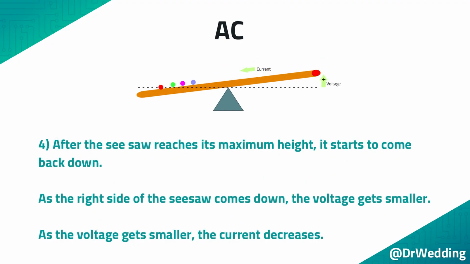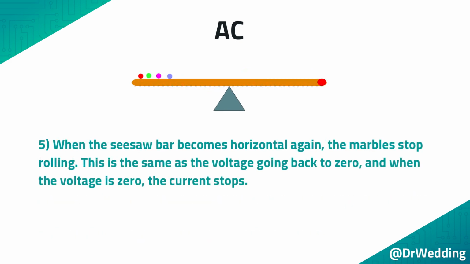Step 4. After the seesaw reaches its maximum height, it starts to come back down. As the right side of the seesaw comes down, the voltage gets smaller. As the voltage gets smaller, the current decreases. Step 5. When the seesaw bar becomes horizontal again, the marbles stop rolling. This is the same as the voltage going back to 0.